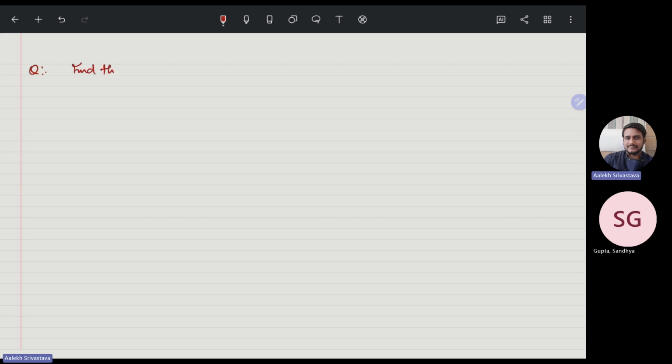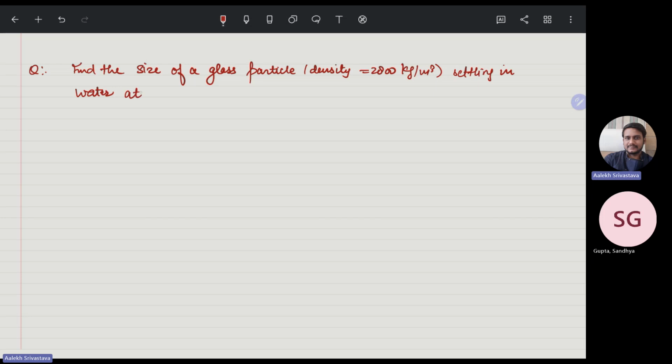Find the size of a glass particle of density 2800 kg per meter cube settling in water at a speed of 7.5 meter per second. So it is a terminal velocity problem.